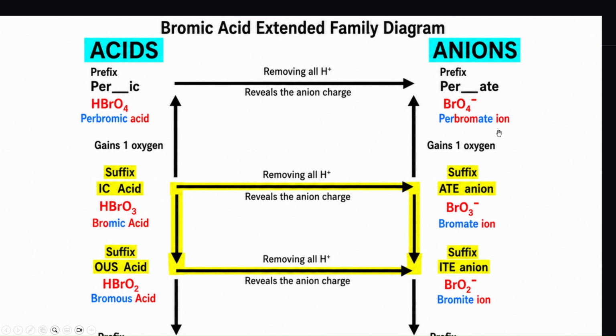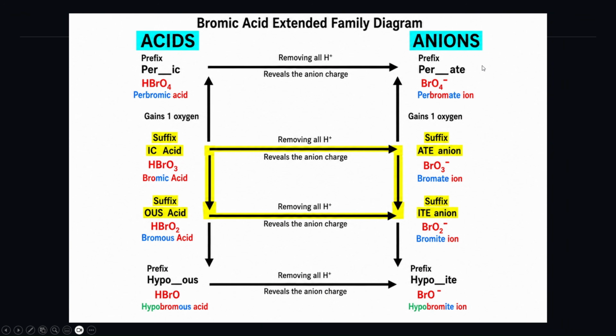An example would be perbromate ion, or even better, perbromate anion. So notice that it's going from a 4, a 3, a 2, and a 1. The oxygens decrease going down, and the oxygens increase going up. And the same thing for the left side. They decrease going down, they increase going up.